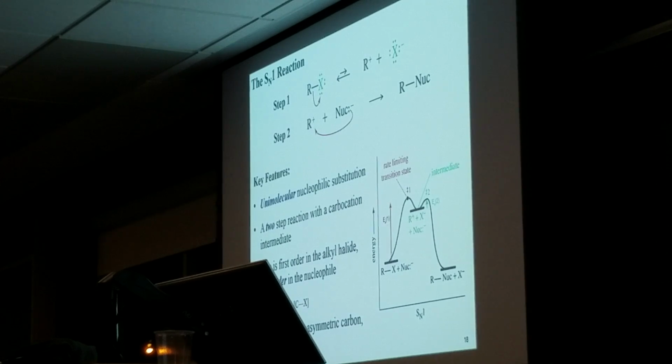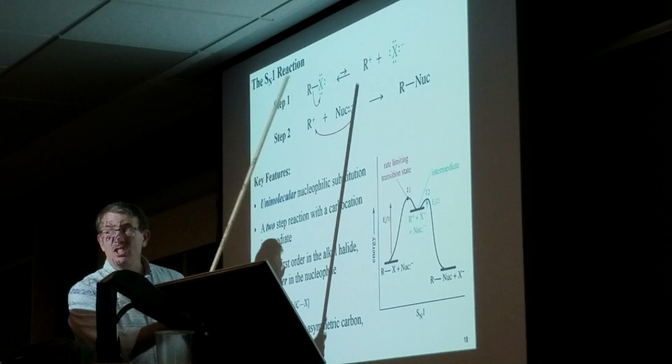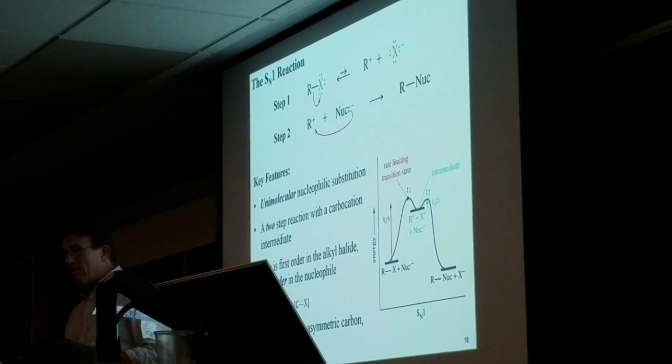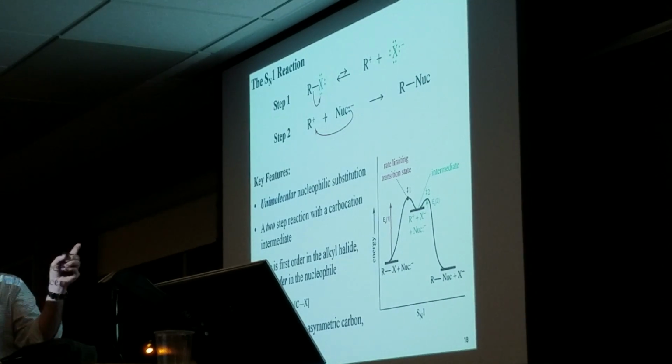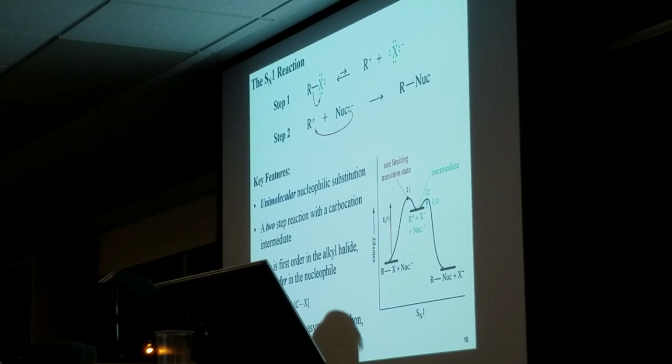Or if I have a tertiary alkyl halide, I know that tertiary carbocations are more stable than primary, so I tend to go by SN1 reactions. If I were to give you a starting material and a product and you saw some sort of rearrangement, you know it had to go by an SN1 reaction, right? Because only carbocations can undergo rearrangement. SN2, they just go inversion. You don't have any carbon or hydride shifts, right?